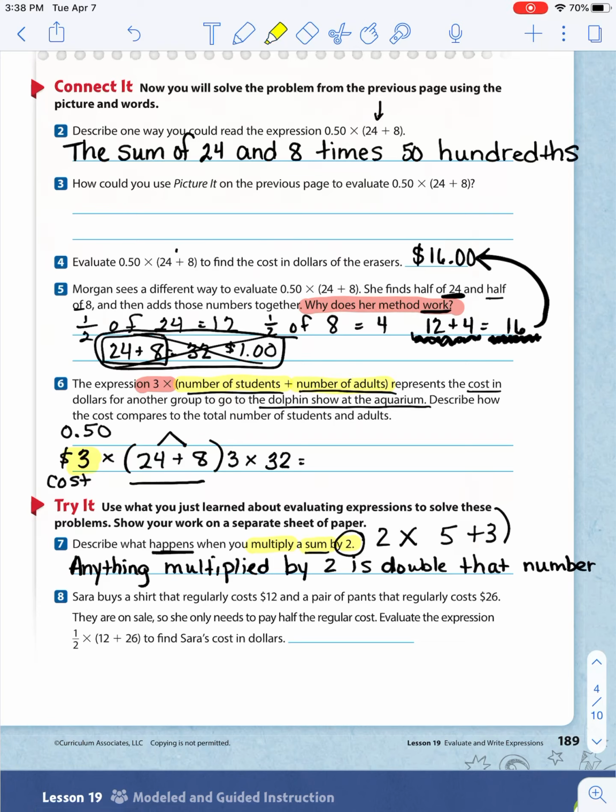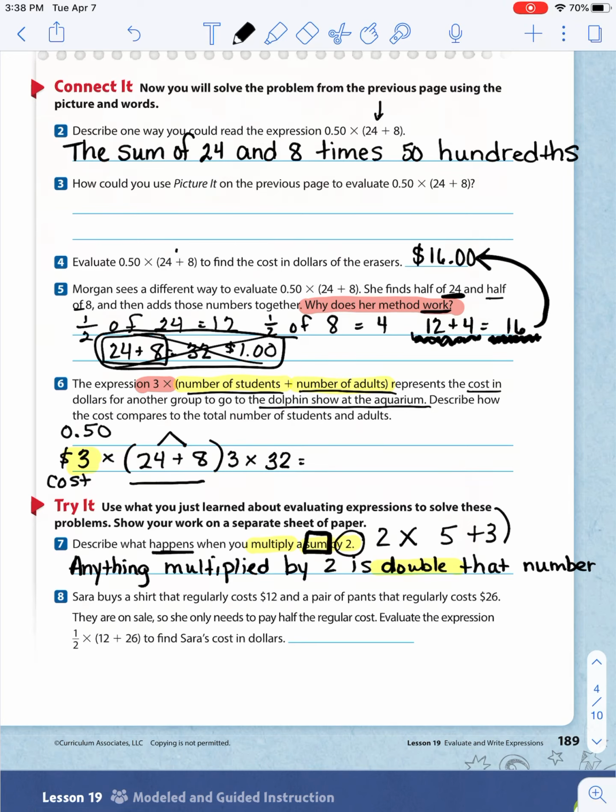The key is, boys and girls, anytime you multiply something by 2, you are doubling it. Okay, so you find the sum of any two numbers. And if you multiply it by 2, you're just doubling that number. You're doubling that sum, I should say.